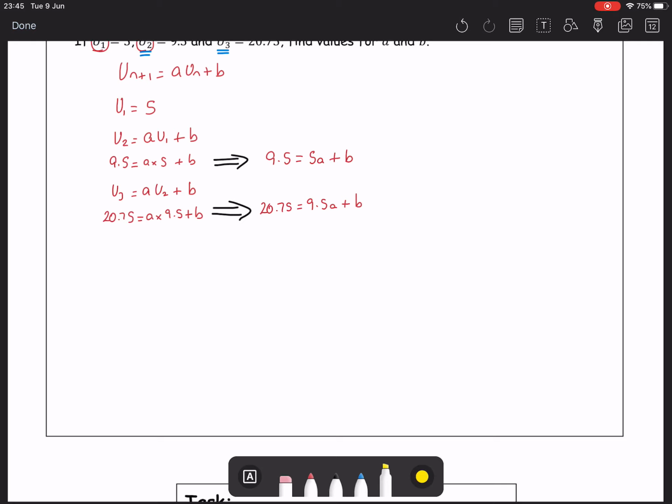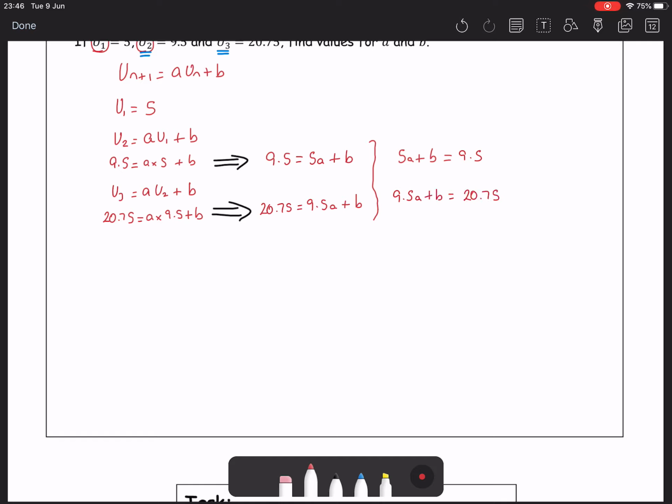Going through the process, I would normally write 5a plus b is equal to our value, and 9.5a plus b is equal to our value.